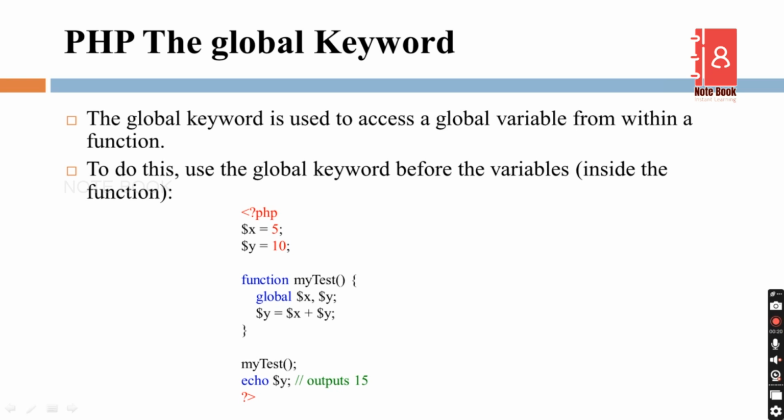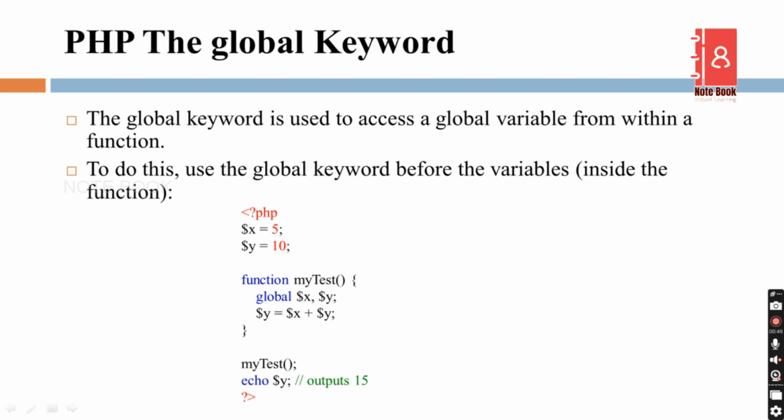The function myTest was created here, and within the function we have declared the global variables $x, $y, and $y is equal to $x plus $y. Outside of the function we called the function myTest and we are printing $y.